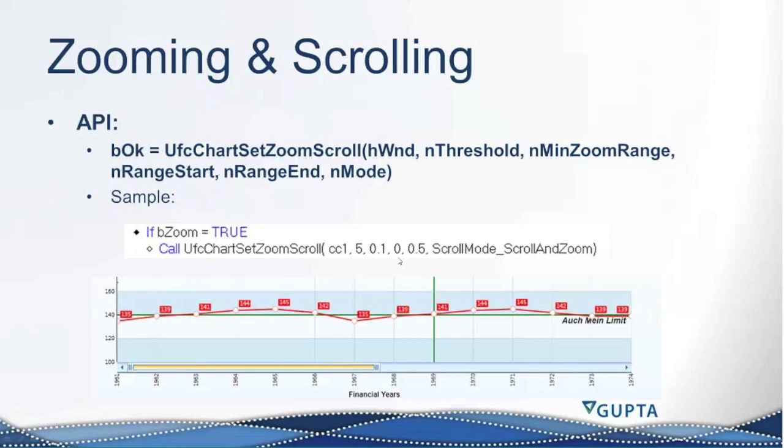That means at this point, I want to start at the beginning of the control, and 0.5 means the scroll bar ends at the middle of the dialog. So scroll mode, scroll and zoom means I can scroll and I can show more or less data points with these settings.